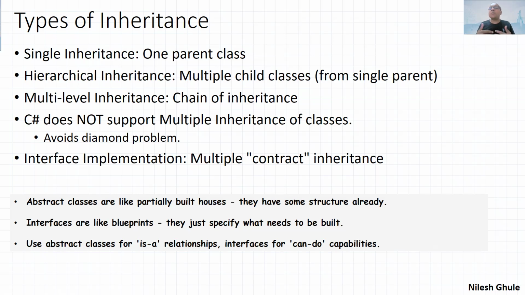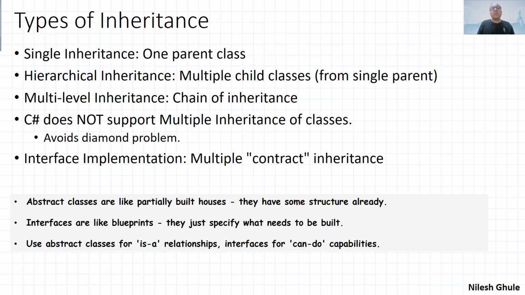Or you can have multi-level inheritance, where from person you inherit employee, and from employee you inherit manager. That could be an example. And there is also one OOP term called multiple inheritance. What is multiple inheritance? It is where we have multiple base classes and a single derived class.